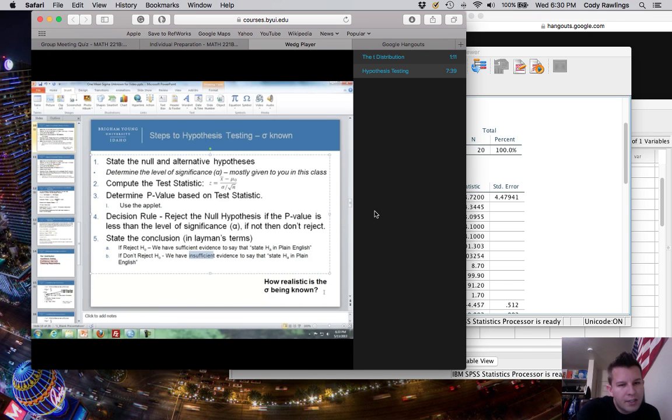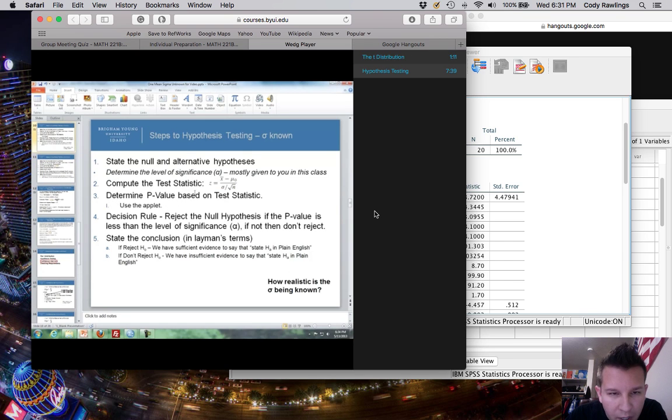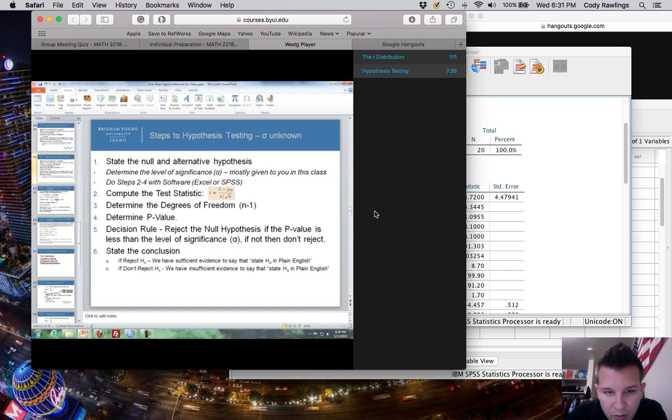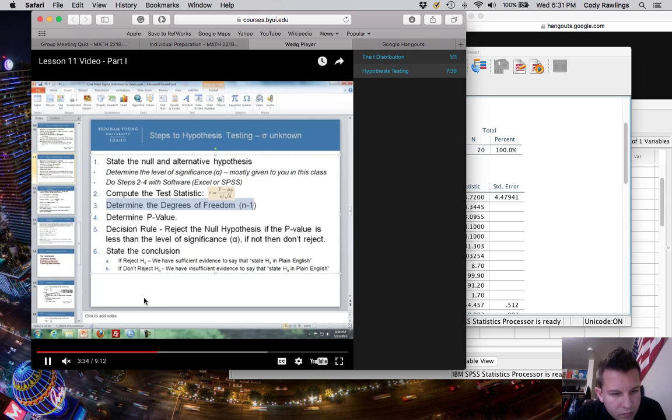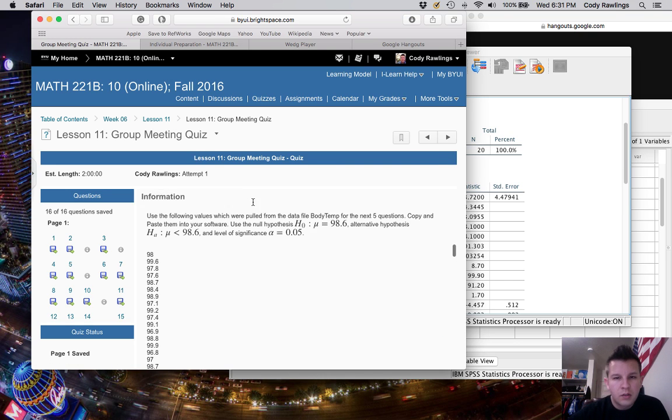So to get the test statistic, it says z equals x bar minus mu, divided by sigma, and then divided by the square root of n. But we don't have any of these numbers.